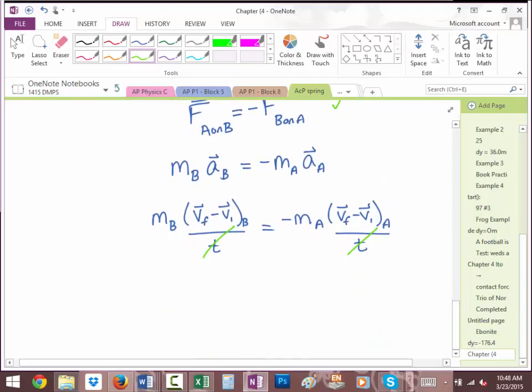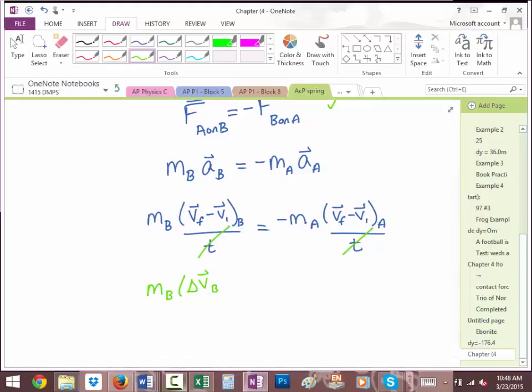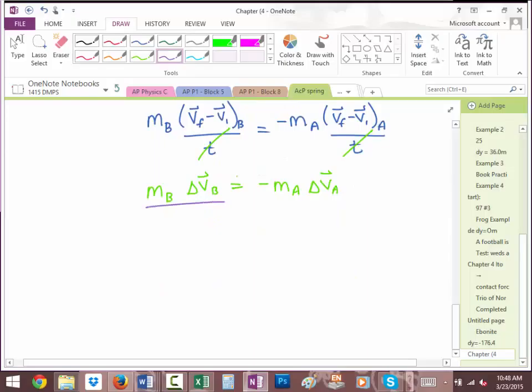They say, hey, look at this funny thing. We've got this m times, I'm going to write this as change in velocity, is equal to m_A times the change in velocity for A. Wow, it's a new thing! Shh, it's not. But they're going to take this thing that we're going to call mass times velocity, and they're going to give it a new name.